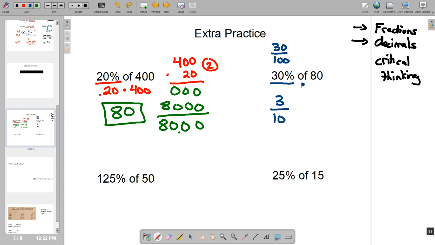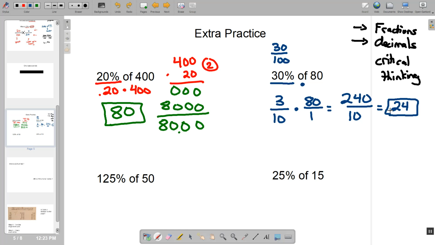I then multiply times 80 over 1. 3 times 8 is 24, so 3 times 80 is 240 over 10 gives me the answer of 24. So there is the traditional fraction algorithm.